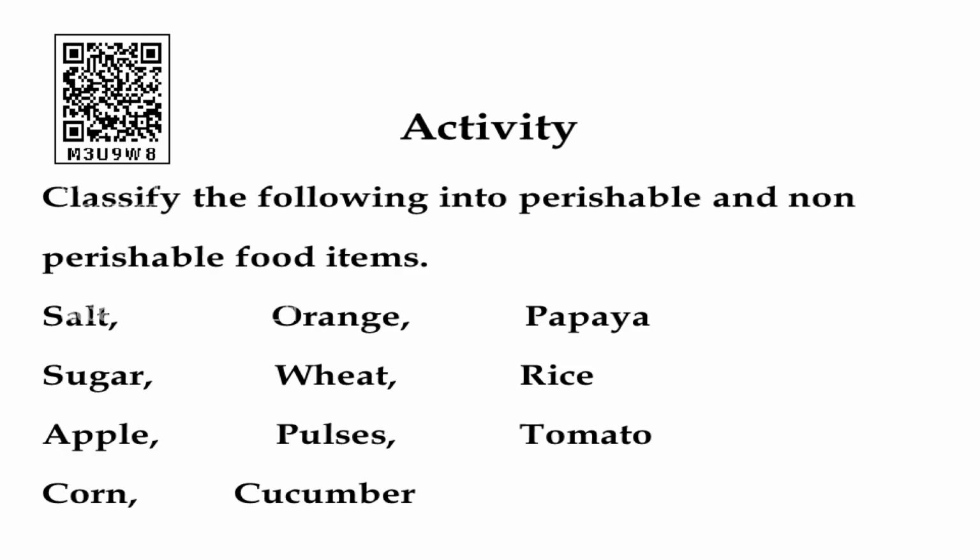Even though they will get spoiled, they take a long time to decompose. So salt, sugar, wheat, rice, pulses, corn, everything comes under non-perishable foods, and orange, papaya, apple, tomato, cucumber come under perishable foods. Okay, children. Now, what are the causes for the spoilage of food?